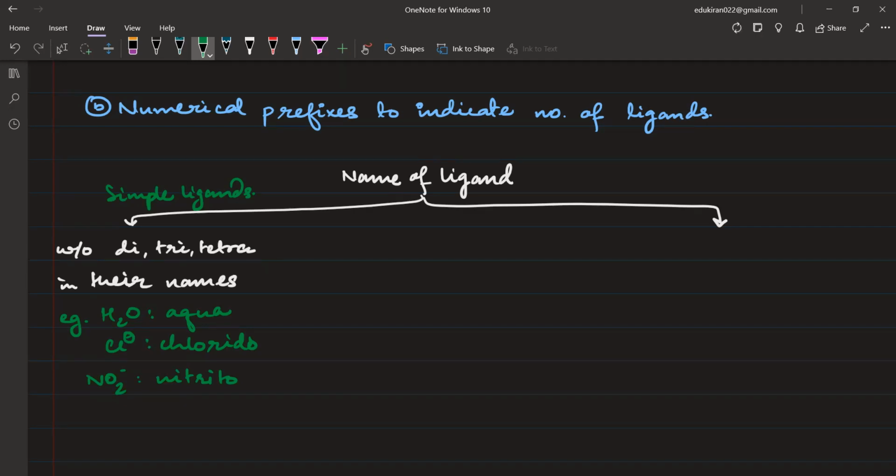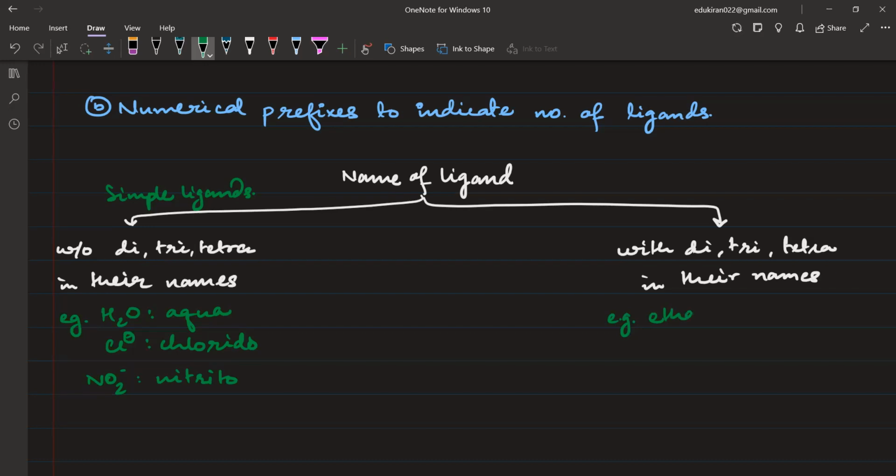Now, there are certain ligands which have these things, di, tri, tetra, in their names. For example, you have ethane 1,2-diamine.